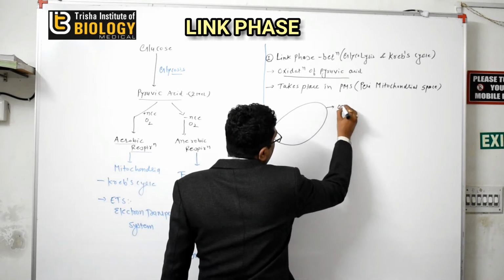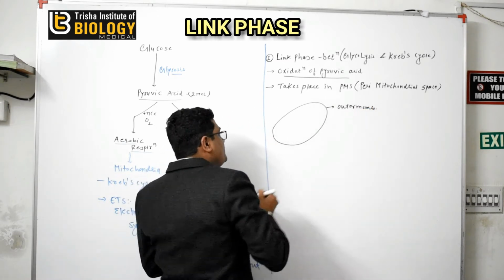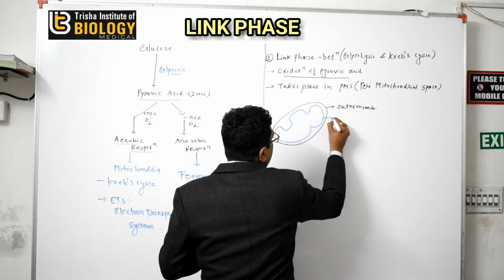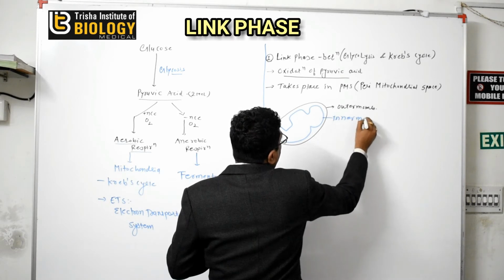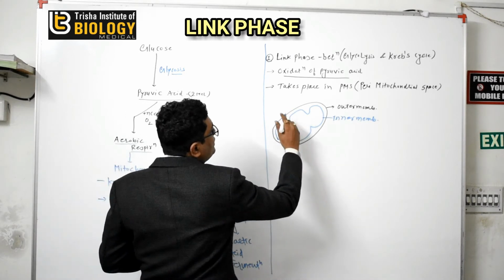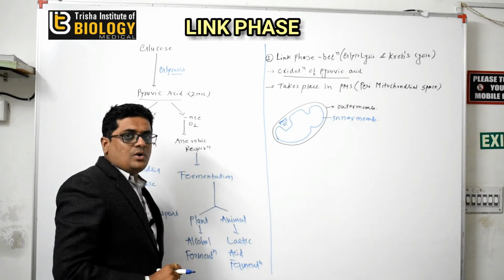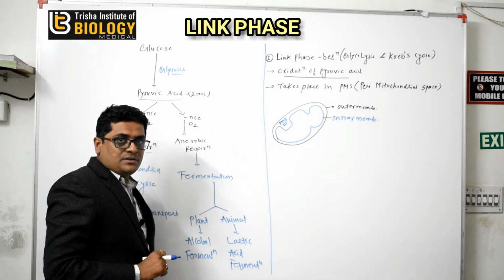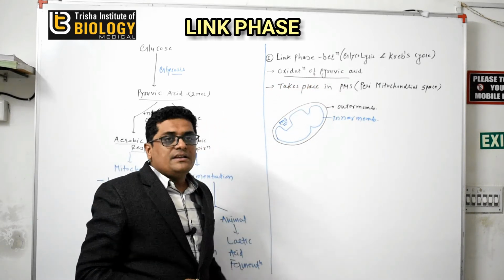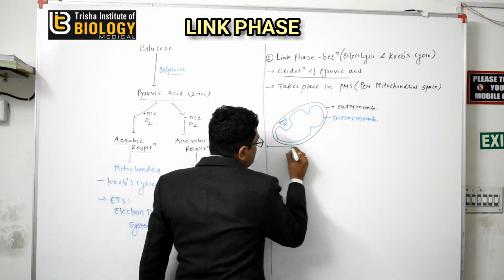This is the outer membrane of mitochondria, and here is the inner membrane of mitochondria. The space between the outer and inner membrane is called the PMS, or the intermembrane space. So oxidation of pyruvic acid takes place in the intermembrane space, or peri-mitochondrial space.